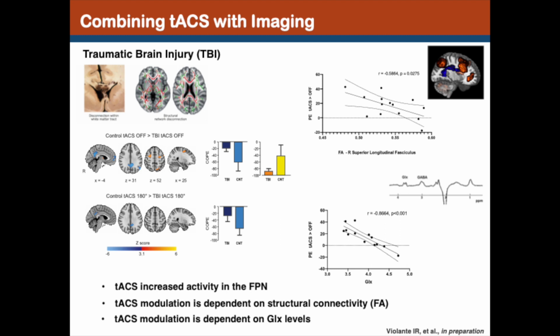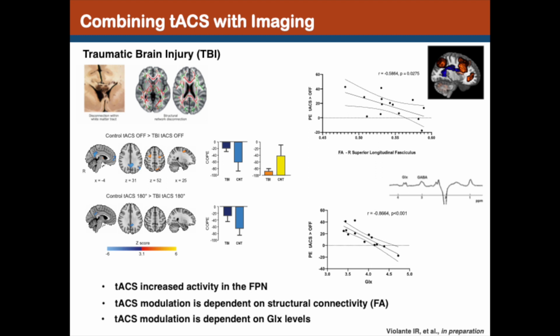So this was the purpose of the whole thing that I showed you before, but we had to show that we could actually do this in healthy controls first. We focused on frontoparietal networks and on working memory, because patients with TBI have problems with working memory.